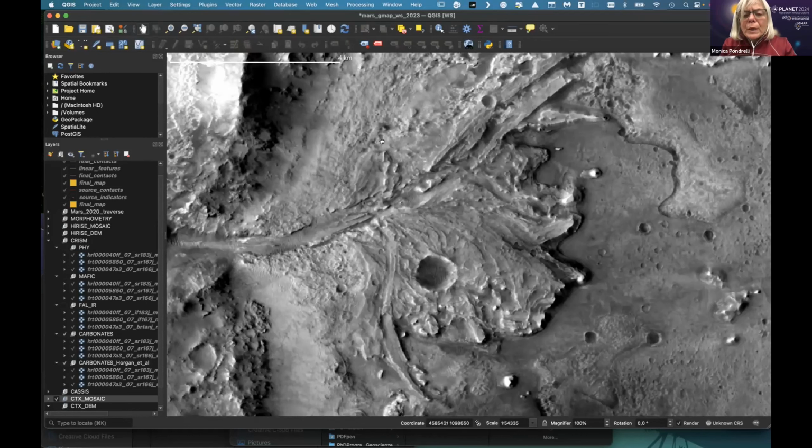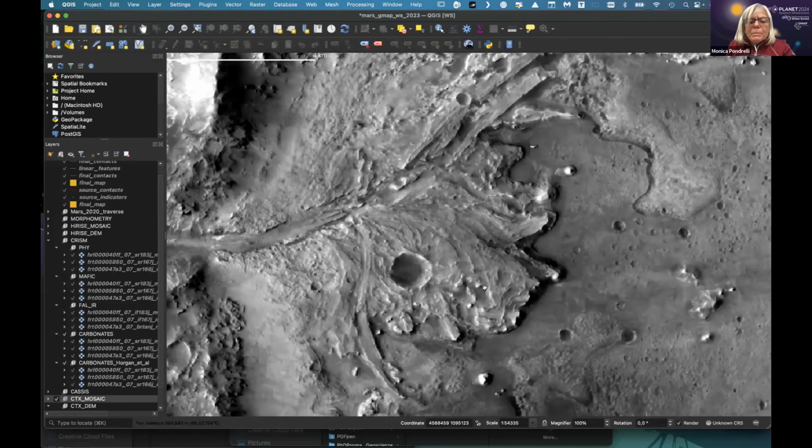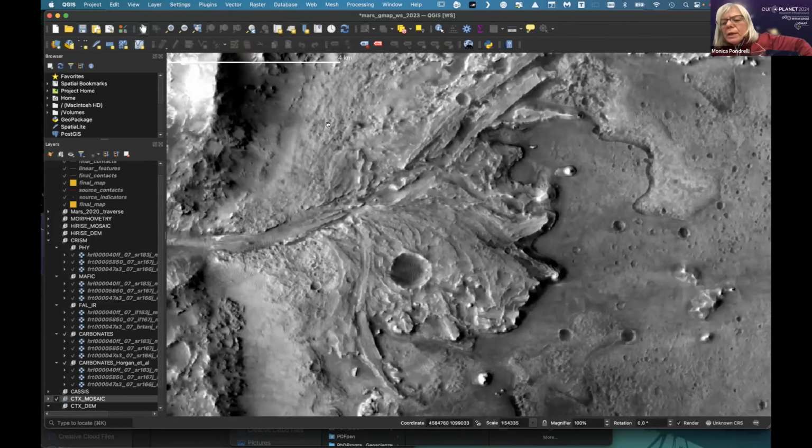This is for sure part of the delta. This is the margin of the delta for sure. This is just aeolian bedforms which limit it. For example, this is, for now, just unit B. I don't know if I really answered this question, I'm not really sure I understood.